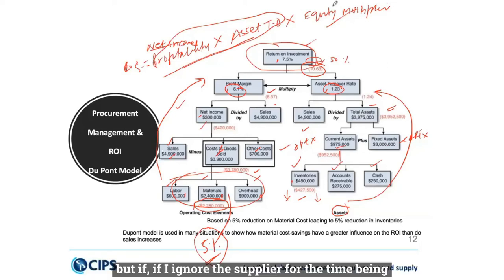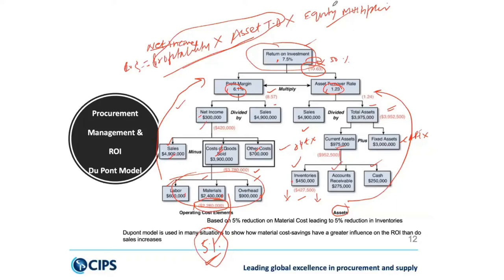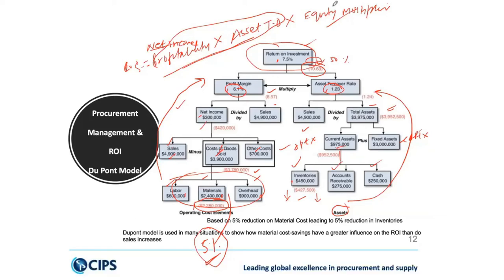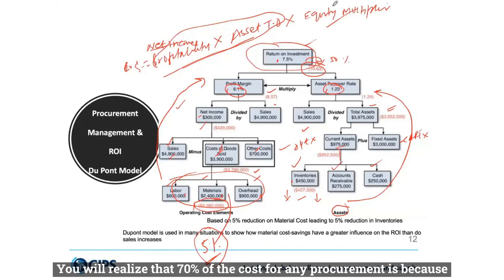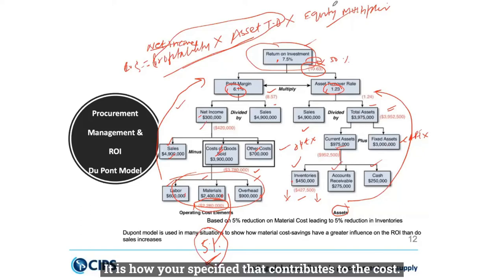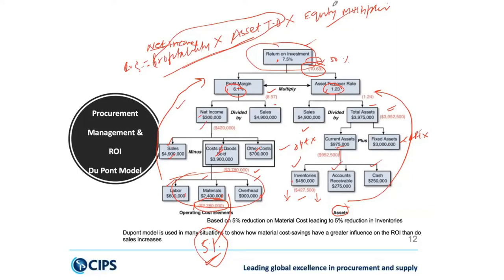But if I ignore the supplier for the time being and I focus internally and I look at the procurement process, which we'll look at later, you will realize that 70% of the cost for any procurement is because of in-house reasons. The supplier does not contribute much.